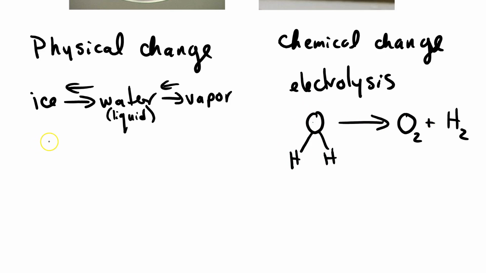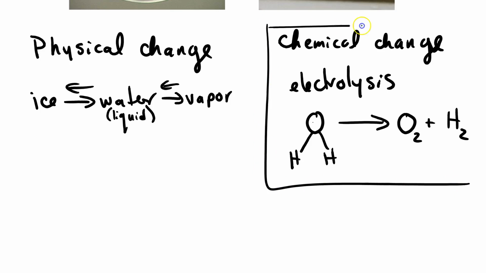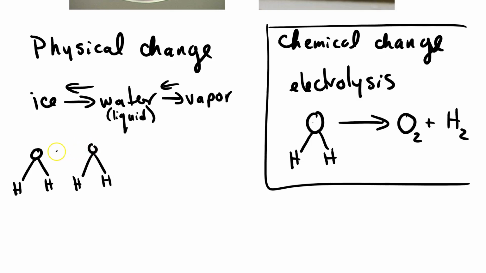So that's our chemical change, okay? It means that the particles are different at the beginning as reactants versus as products. Whereas physical changes, you're always going to have your H2Os. The only difference is that they move closer and farther apart. So physical change, same particles. Chemical change, different particles.